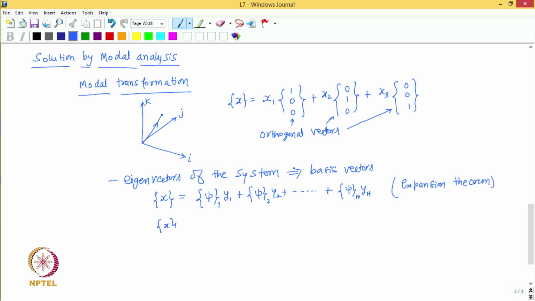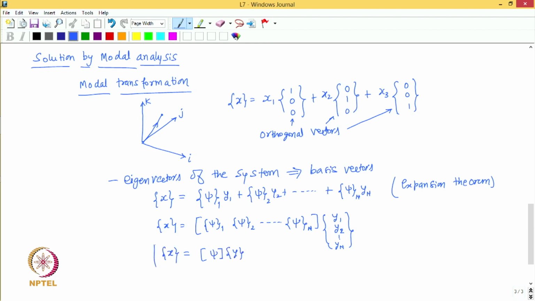So, if you combine the eigenvectors together like this, with y1, y2 put into the form of a vector like this, then we can write this as the eigenvector matrix psi multiplied by the vector y.